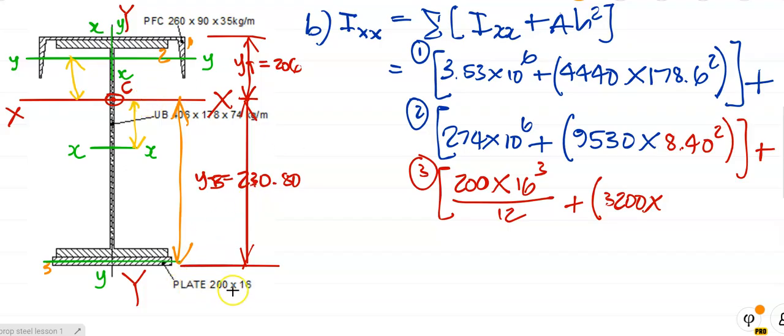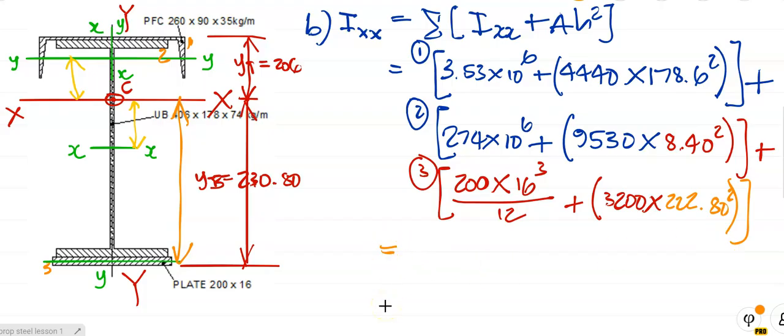It's y bottom minus 16 over 2. So it's y bottom take away 8. Okay, so it's 230.8 minus 8, which is equal to 222.80. I'm going to leave it by that color there. Squared. Why is it squared? Because the formula says squared. Close the square bracket, is equal to.